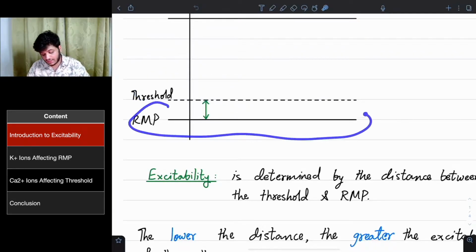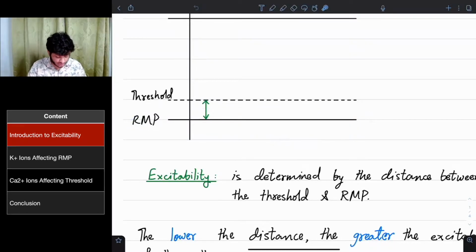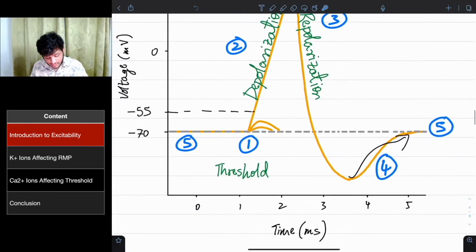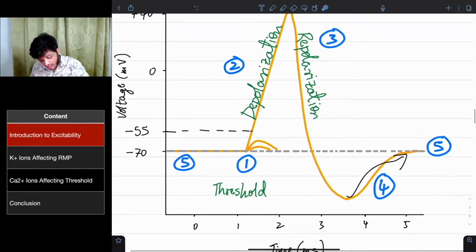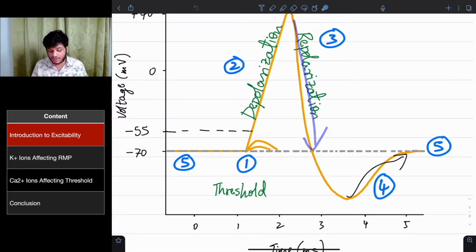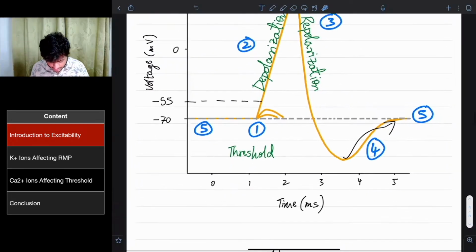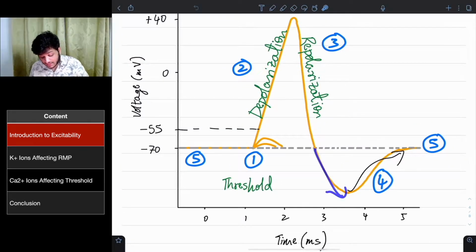It's easy to understand why potassium ions control the resting membrane potential, because if we look again at our action potential lecture, after the cell has repolarized and it enters hyperpolarization, why does it enter? Because as I said in our lecture, there's a lag in which the voltage-gated potassium ion channels don't close, right?